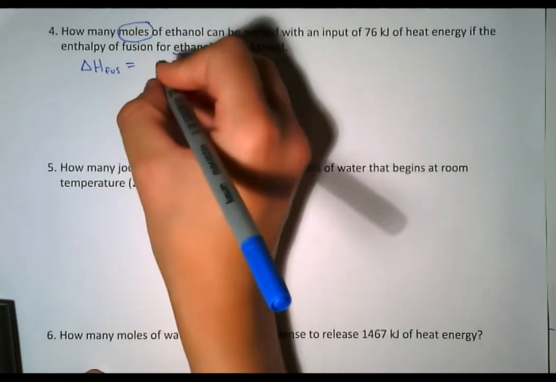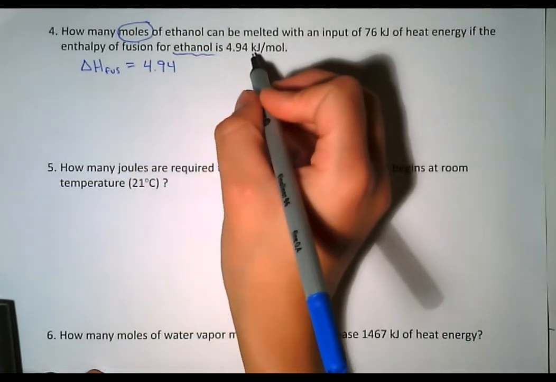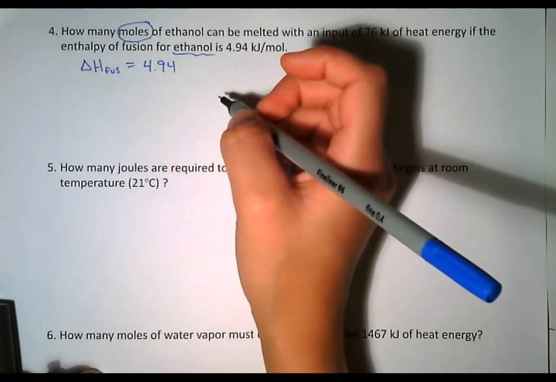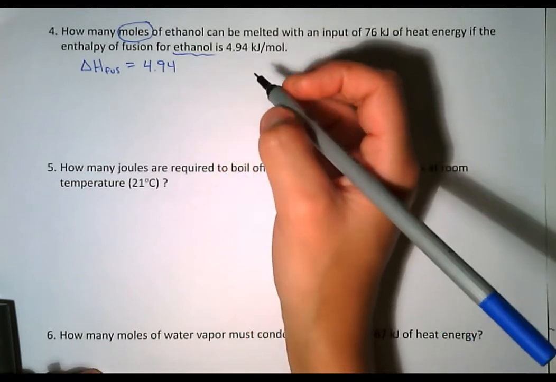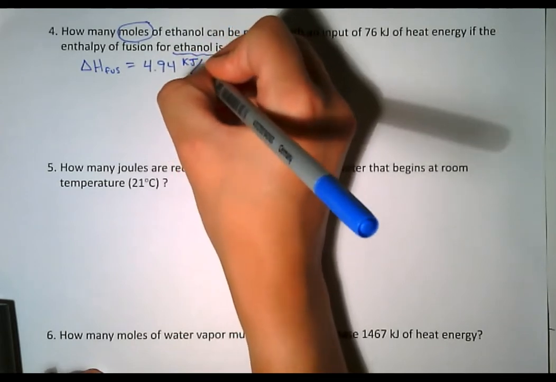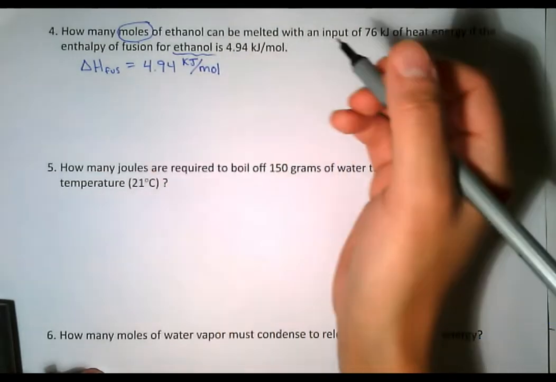So I'm going to put that equals 4.94, but instead of giving it in joules per gram, which is what our values of delta H for water are in, it instead gives it to us in kilojoules per mole. So that's a little bit interesting.